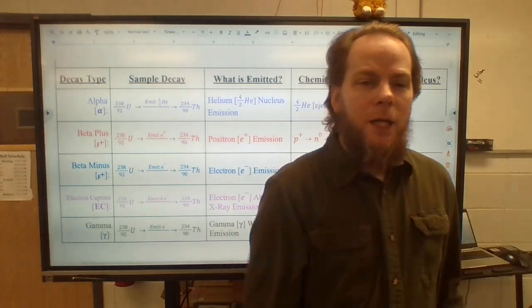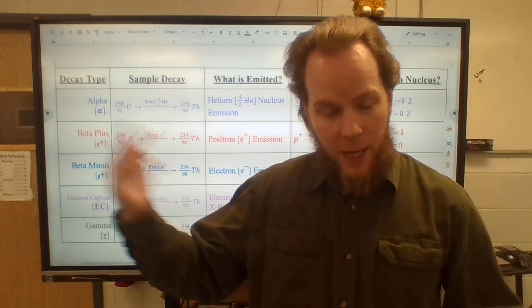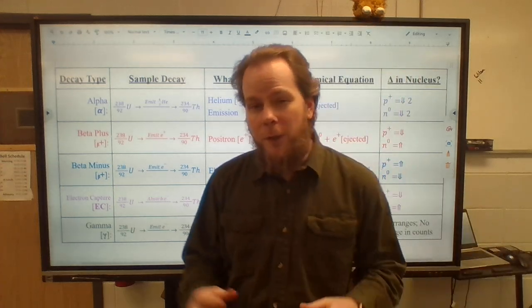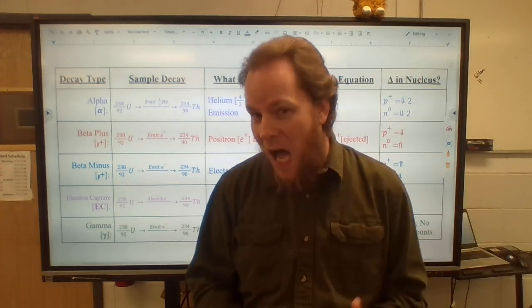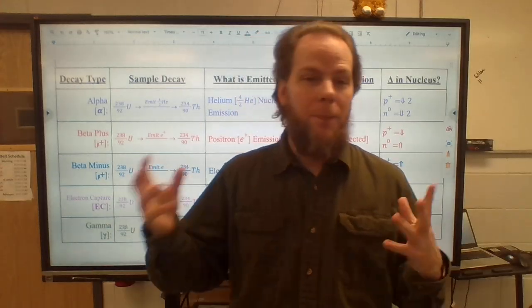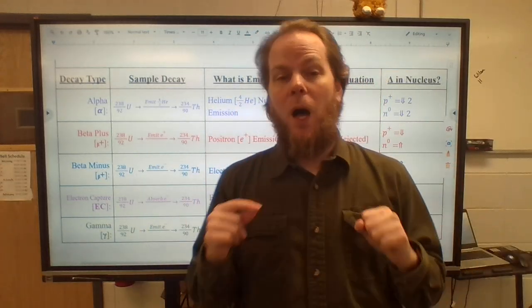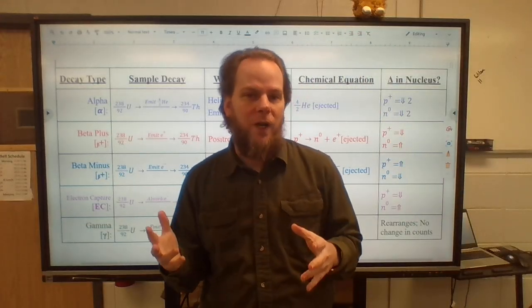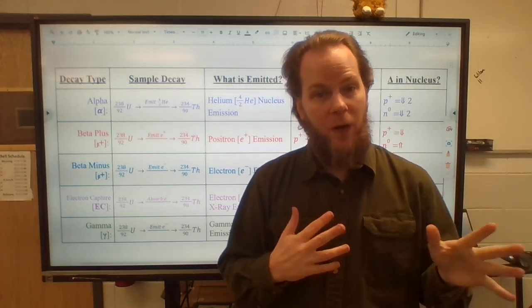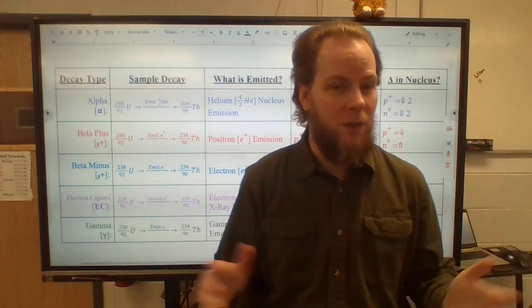Now, a helium nucleus, or an alpha particle, because it's emitted during alpha decay, is one of the more dangerous kinds of radioactive particles because it's really, really big. Most of the time, the things that are ejected are leptons, which are electrons or electron-like things.